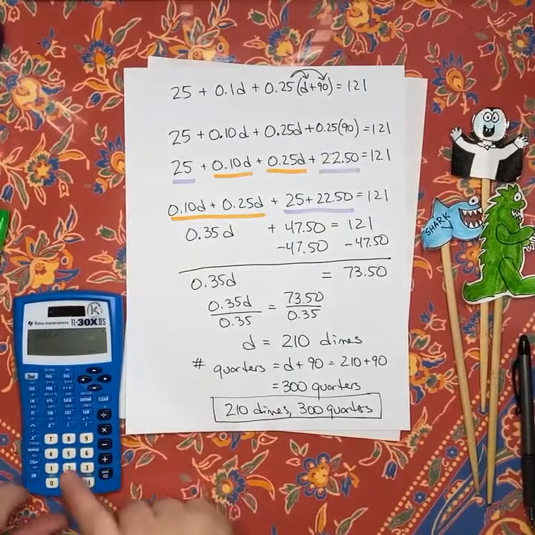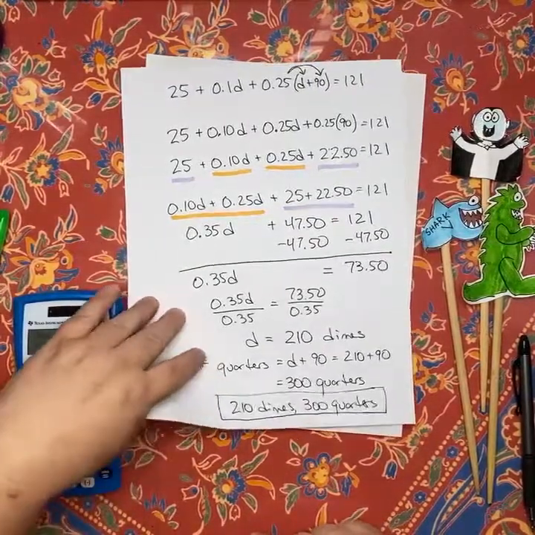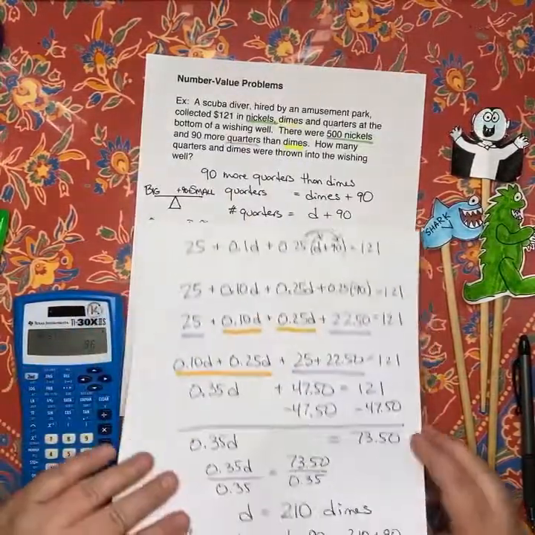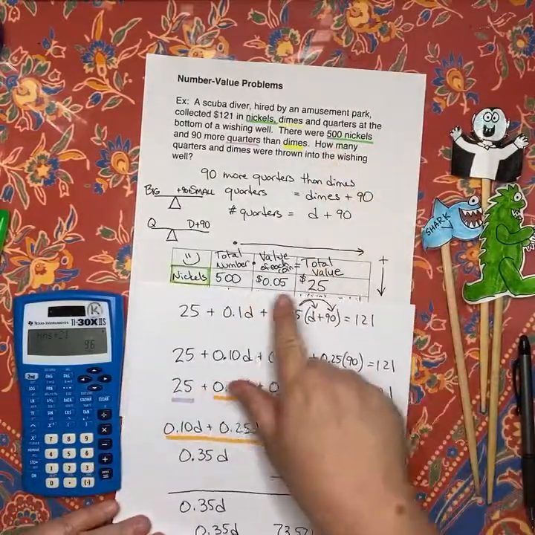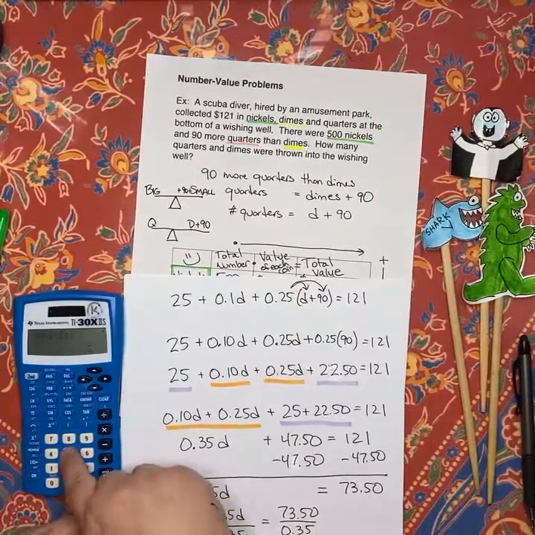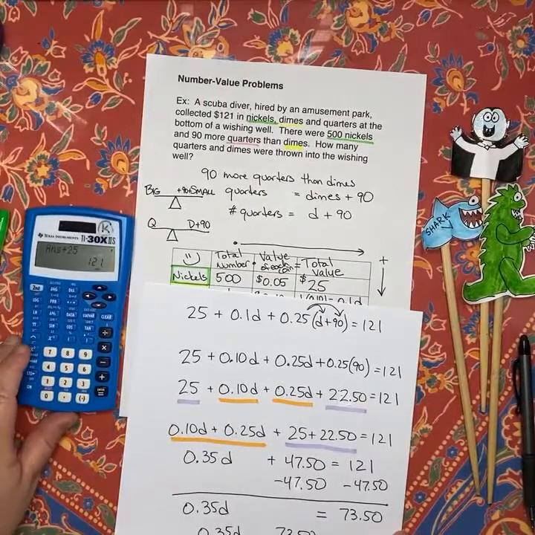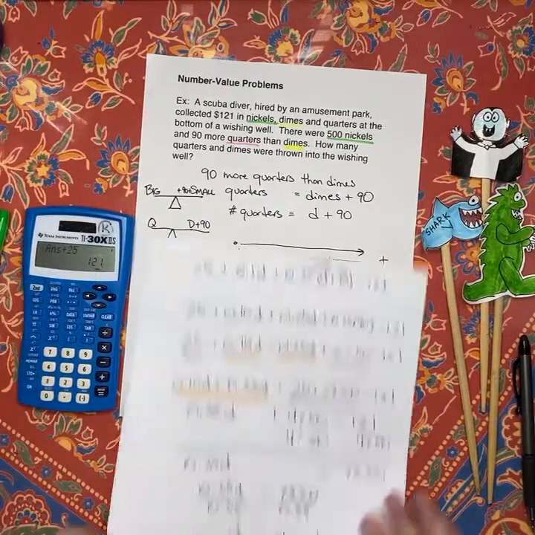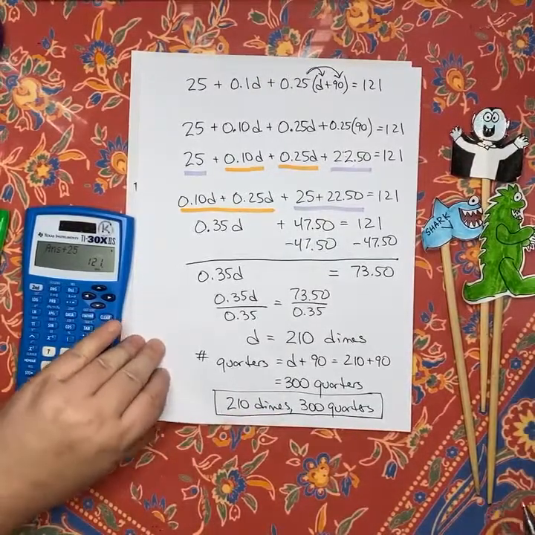I add the $21 and I get $96. And then I see 500 nickels. How much were they worth? That was worth 25. And I get the magical number. Can you guys see it? 121.